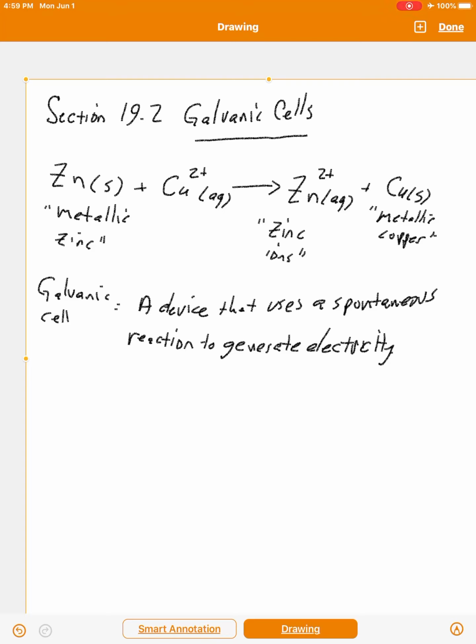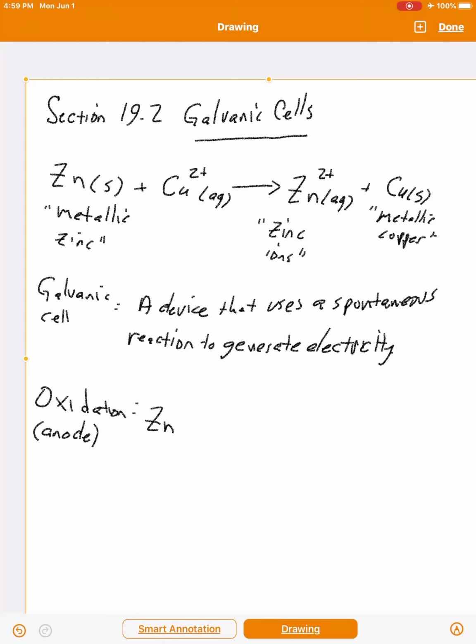Now, let's take this reaction and split it up into half reactions. I'm going to show you the oxidation half reaction. And the oxidation half reaction occurs at what's called the anode. So the oxidation is for the zinc metal.